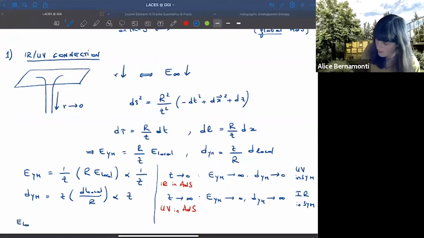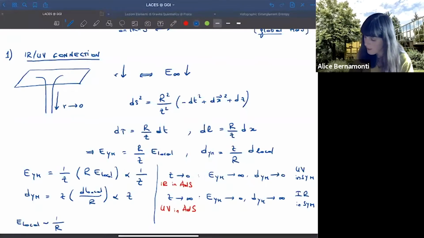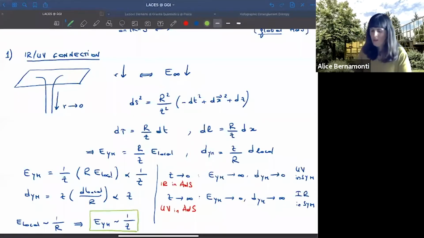So a local proper energy will be fixed by the AdS scale, 1 over L or 1 over R. We really have that the energy in Yang-Mills is essentially given by the inverse of the radial bulk coordinate, and similarly for the spatial scale. And so this is known as the energy-radius relation.